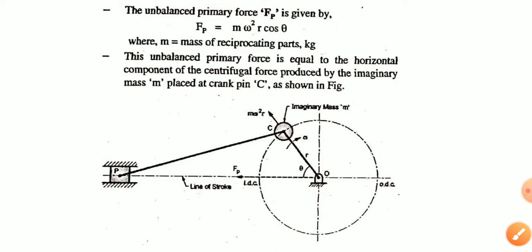This unbalanced primary force is equal to the horizontal component of the centrifugal force. This is our centrifugal force and it will be equal to this horizontal component. We have this imaginary mass connected at the crank pin.